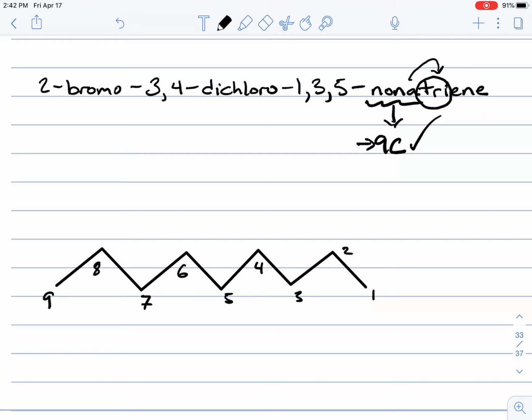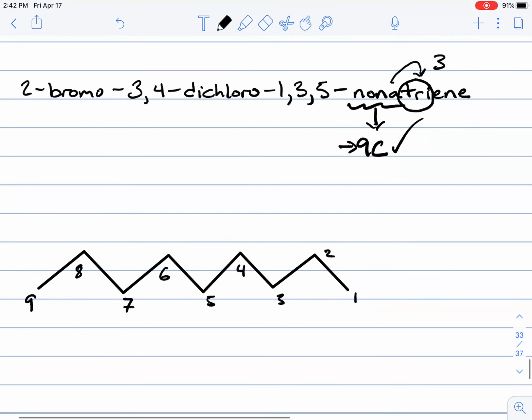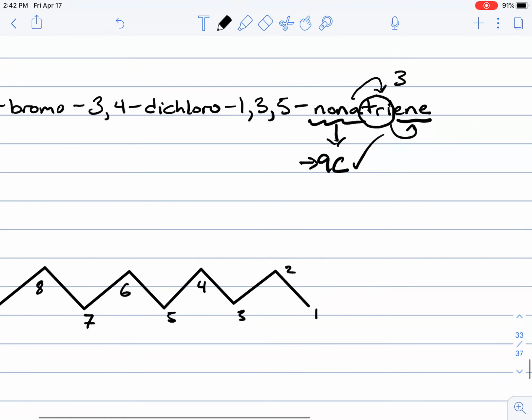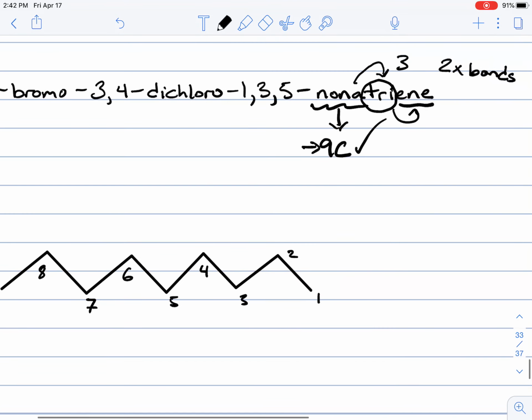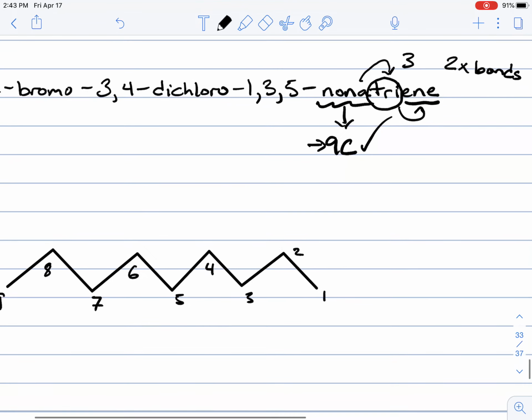So tri means 3. And we have 3 of what? Well, an ene represents a double bond, so we have 3 double bonds that we have to place on our parent structure, our parent chain.